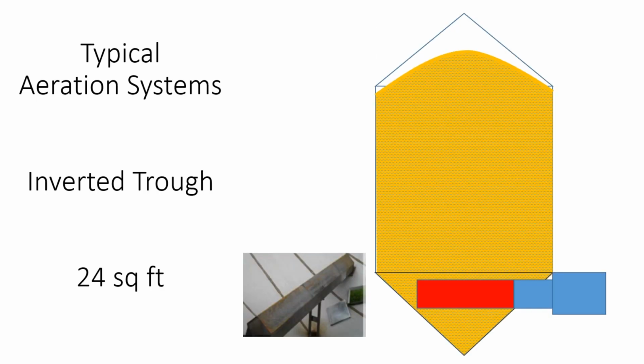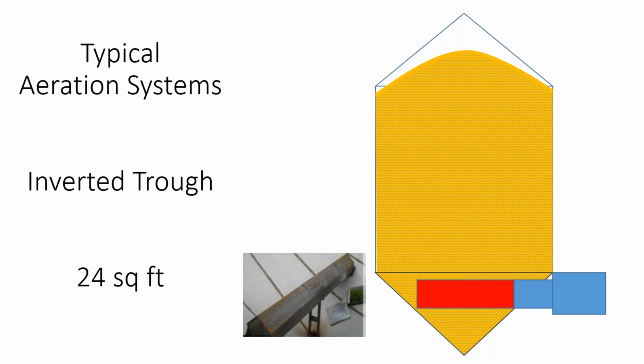The inverted trough is a very common air delivery system. It technically doesn't have any louvers. It's just an open bottom to a doghouse. And essentially the louvered area is the cross-sectional area of that bottom.